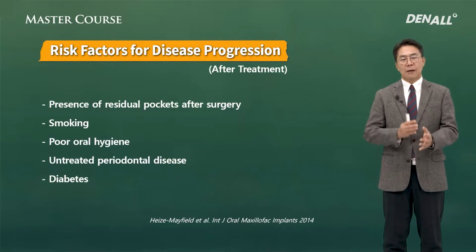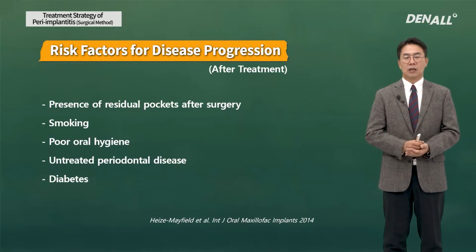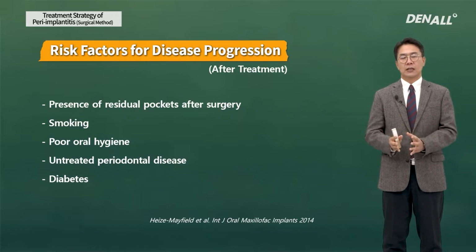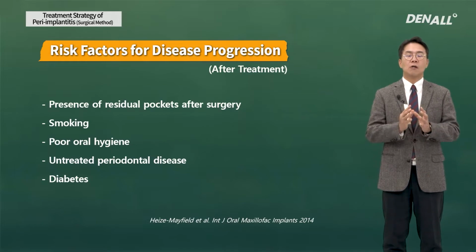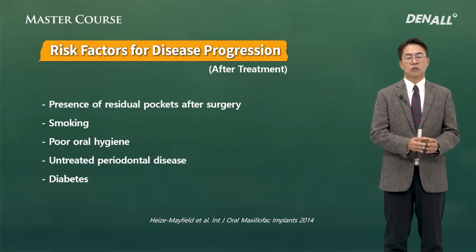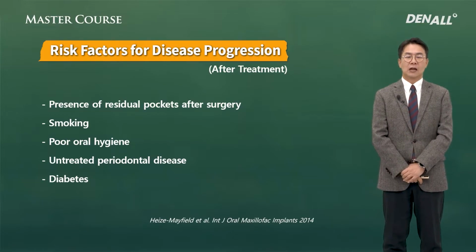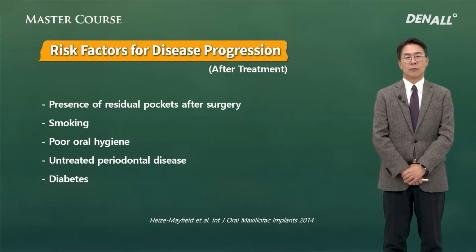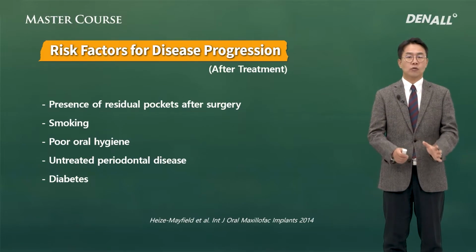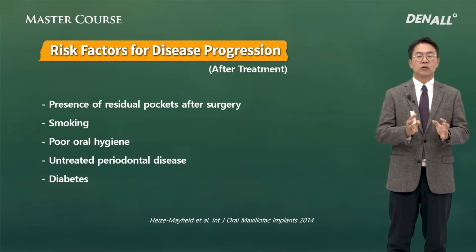Smoking also affects whether there is going to be recurrence of disease or not. You need to check a patient's oral hygiene as well as whether he or she smokes or not before you determine whether you're going to use surgical or non-surgical method, or to remove the implant entirely. Please bear these in mind as you choose your approach in terms of treatment.